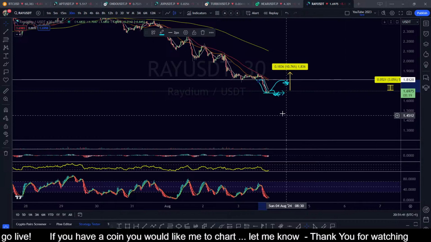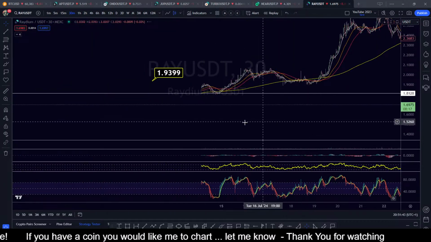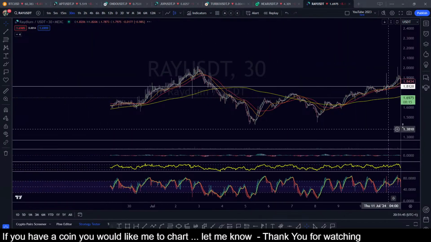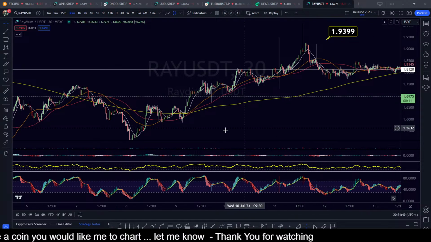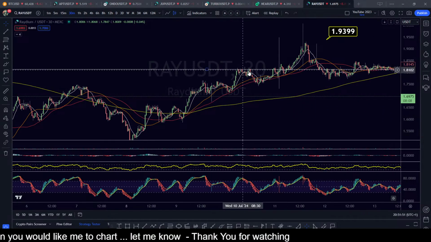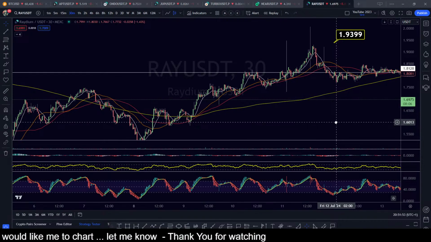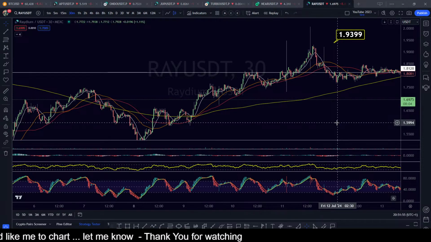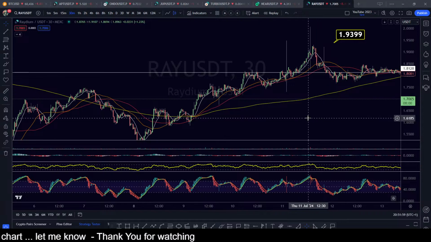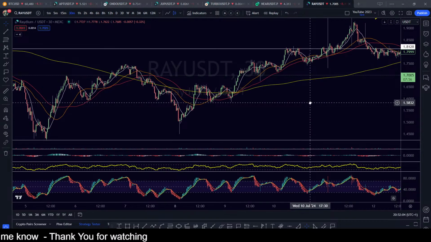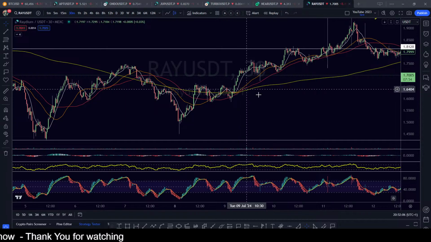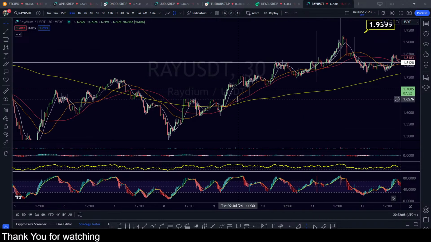Now let's look over here at this other previous price action. Let's see what it's done before. I like the fact that it went up nice and slow. I'm looking for levels. In case y'all are wondering what I'm doing, I tell you what I'm doing and why.